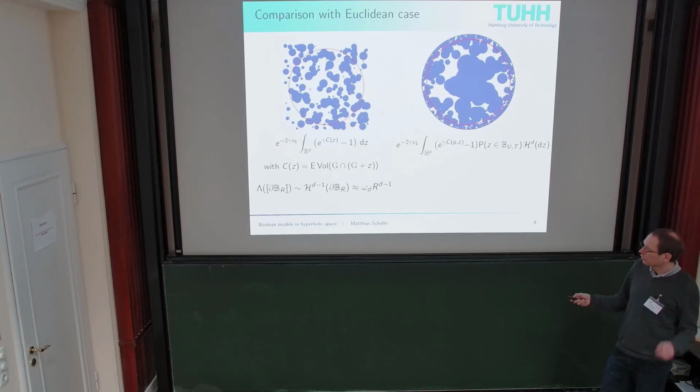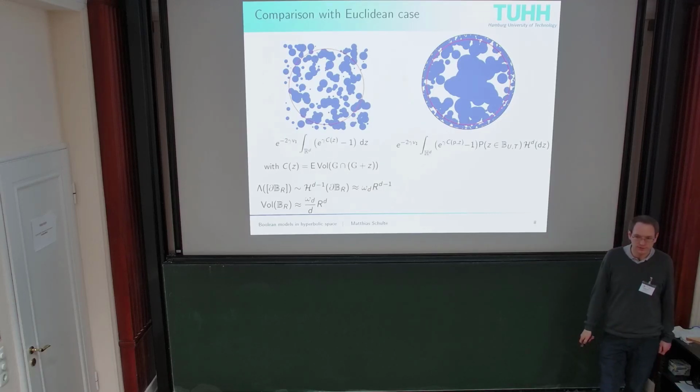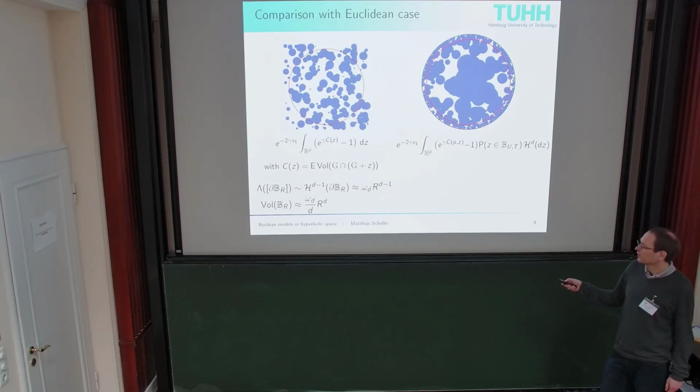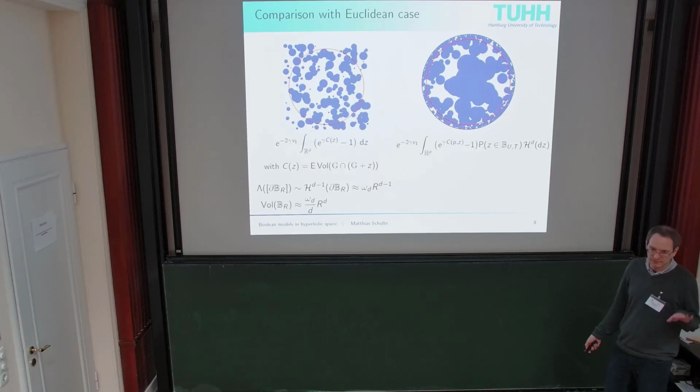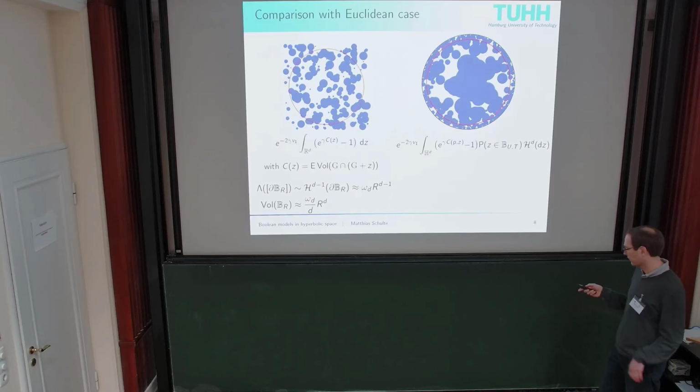Now one can show that this behaves as the surface area of our observation window, which is given here. And now we compare this with the volume of our observation window, and then you see that the order here is smaller than the order of the volume of the observation window, and therefore we can, for asymptotic analysis, neglect the contribution from points intersecting the boundary.